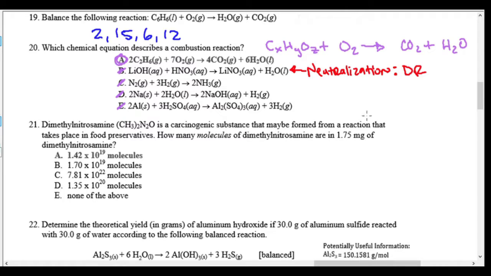It's a special double replacement reaction between an acid, in this case nitric acid, and a base, in this case lithium hydroxide. An acid and a base come together to form a salt, in this case lithium nitrate, and water, in this case water.